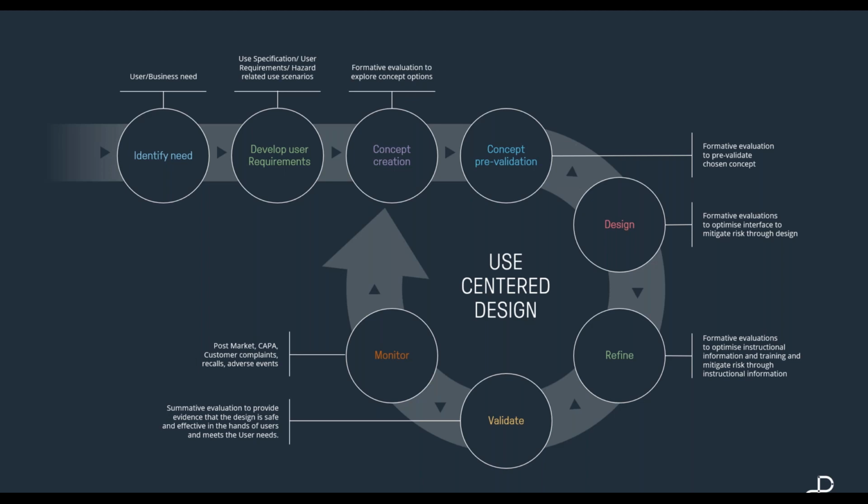The first step in the process, where usability engineering first comes into play, is actually about understanding need. And if we think back to the analogy at the start of this presentation, that's about understanding the problem. So that may be the first time when an understanding of workflows and users can begin to feed into product development.